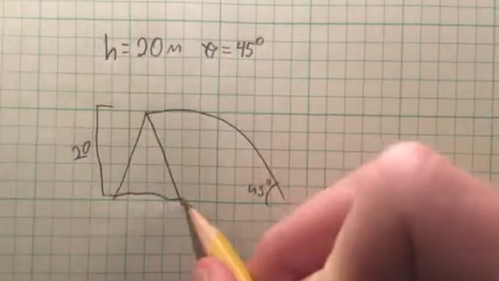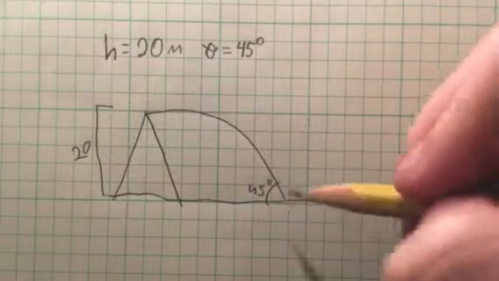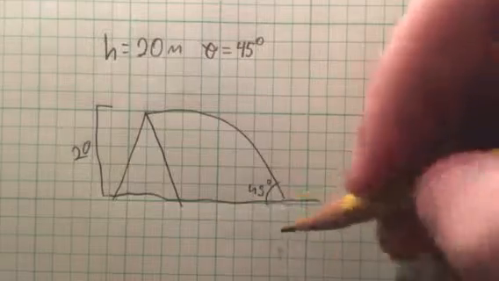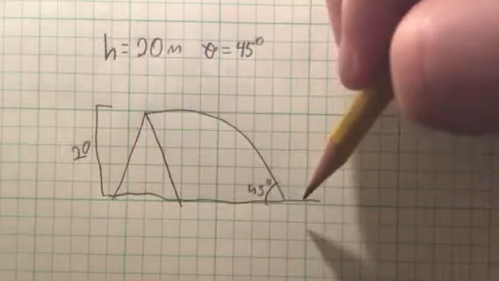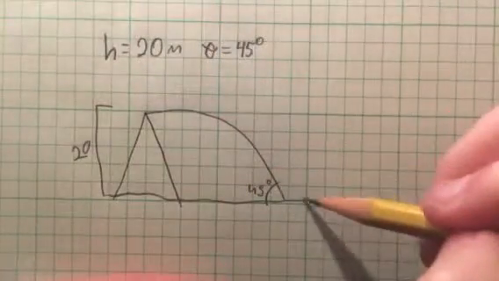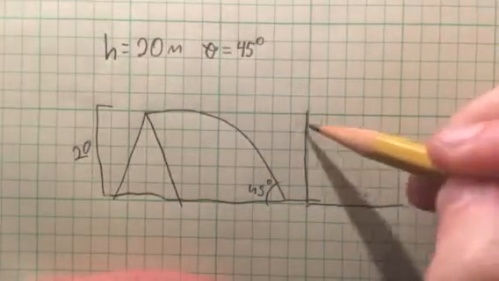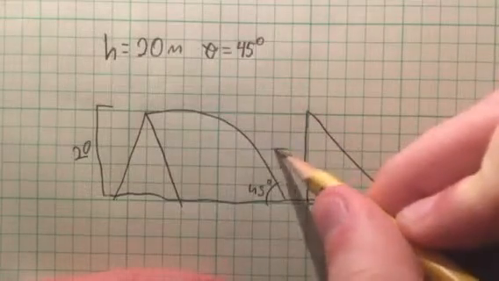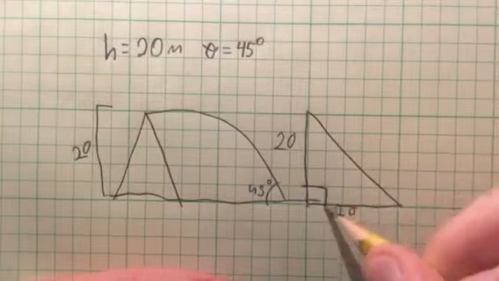Okay, so what do we know about angles of 45 degrees? Well, if you look at this, you could make a triangle out of this. And if we know anything about 45 triangles, their lengths are going to be identical here and here.